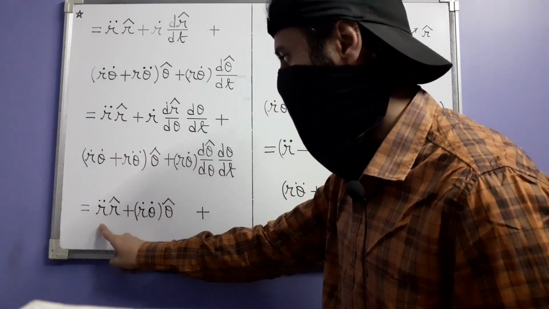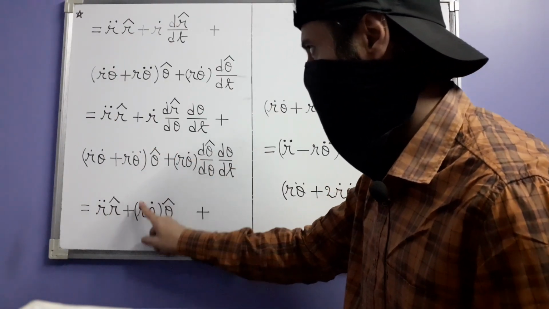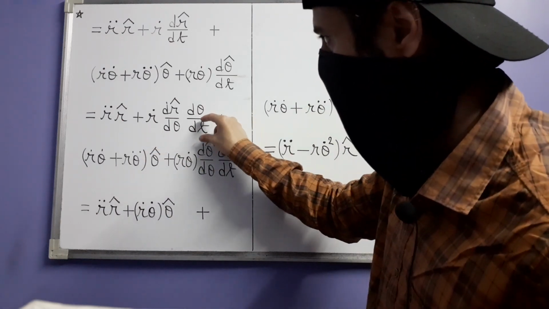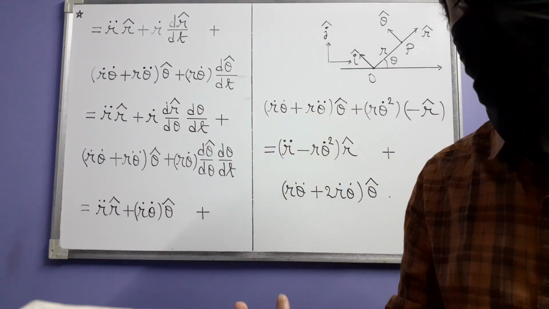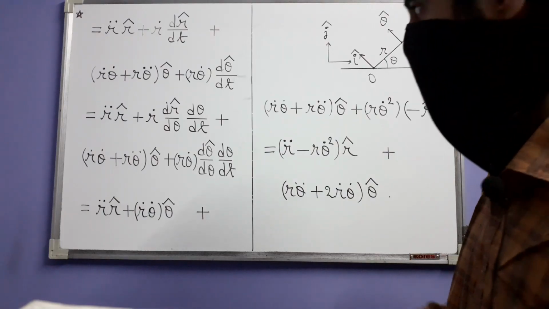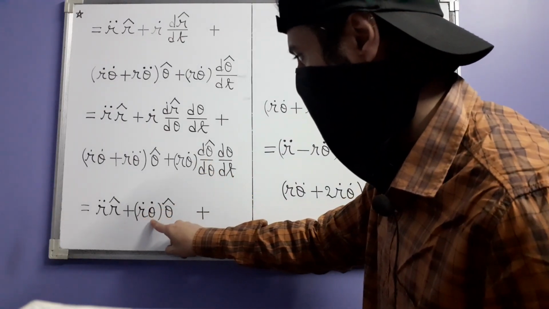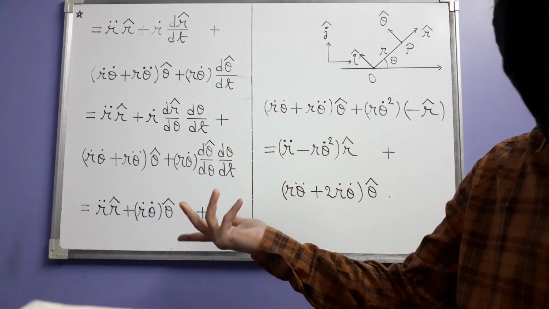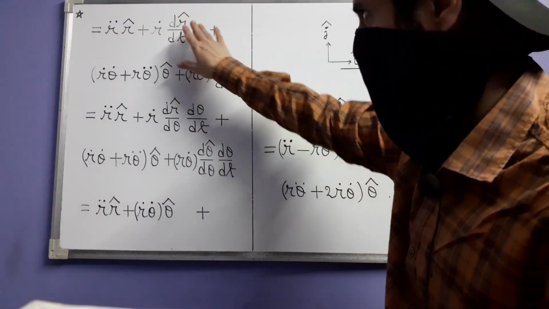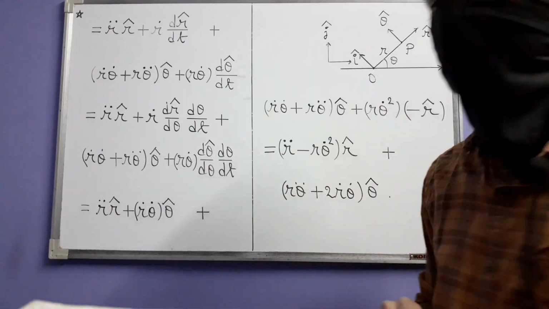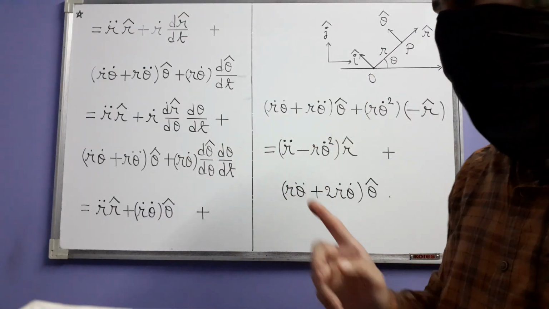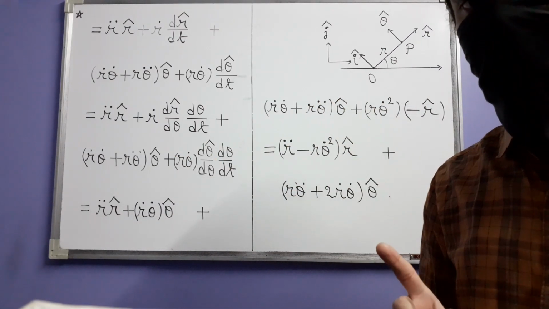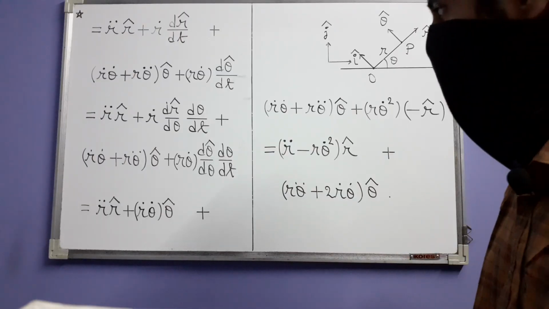Okay, and then let's see what we get. So this is r double dot r hat plus, what is this? This part can be written as theta dot in our simpler notation. So it becomes r dot theta dot times, what is this? Again, we know this, and that is why we replaced these derivatives, because we know these things. We know derivatives of those polar unit vectors with respect to theta.